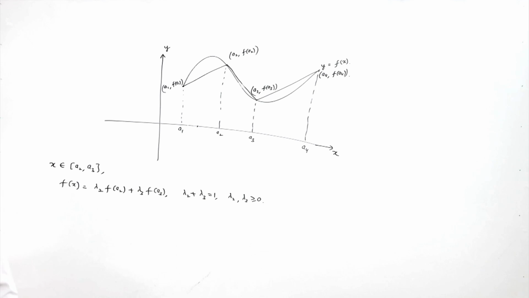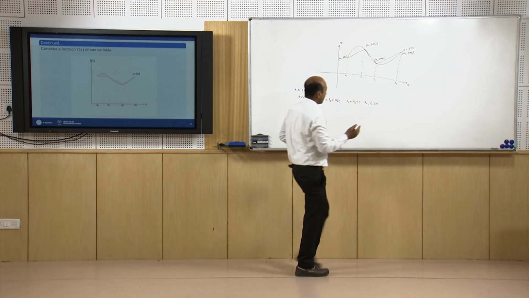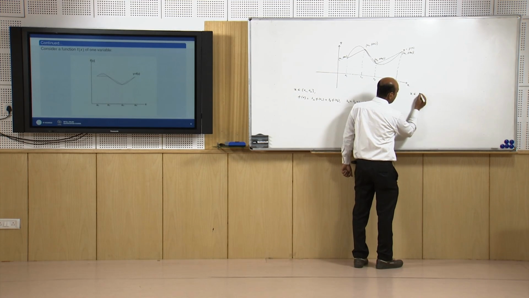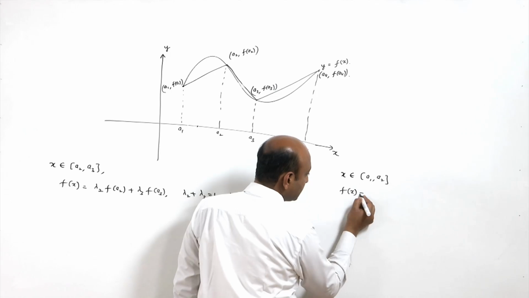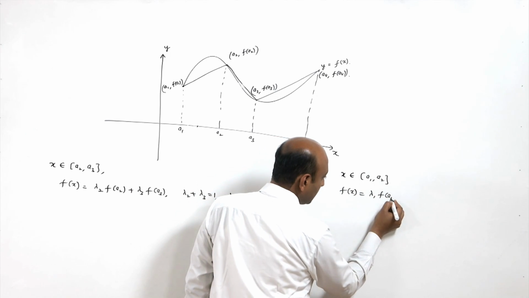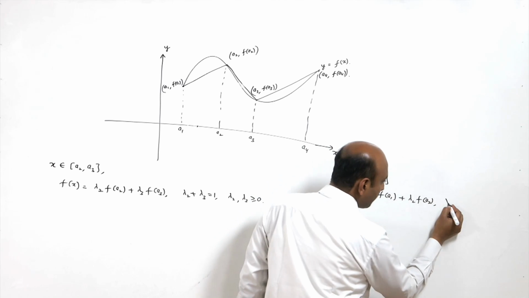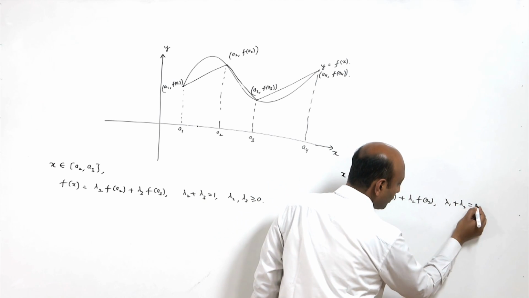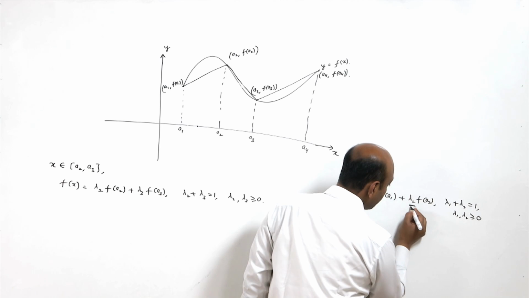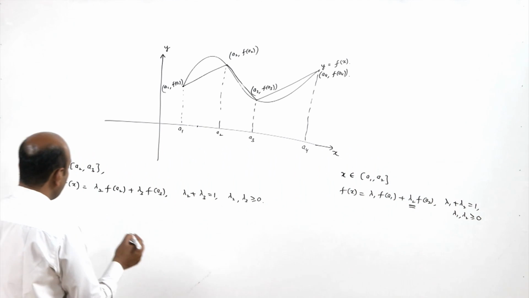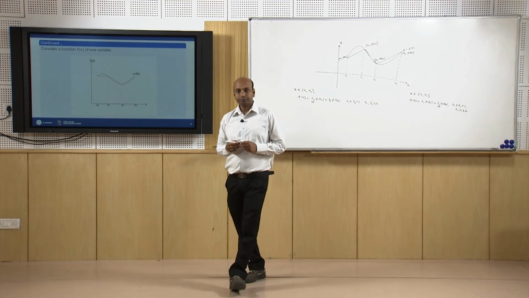Here it is to be noted that lambda 2 is the same. When x is between a1 and a2, we obtained f(x) as lambda 1 f(a1) plus lambda 2 f(a2), with lambda 1 plus lambda 2 equal to 1 and both non-negative. So, whatever lambda 2 is here, the same lambda 2 is here. This is the important condition.